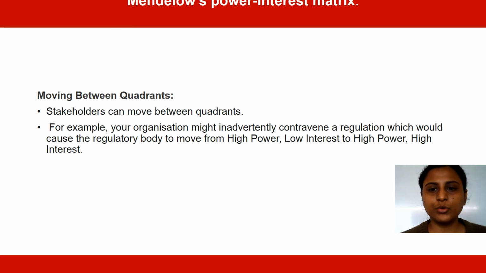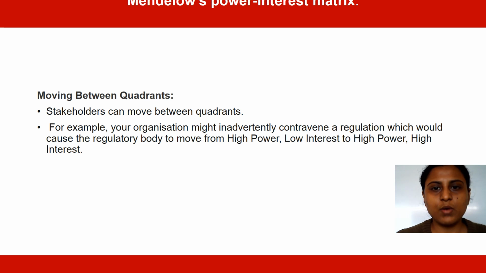Now one thing to note here is that the stakeholders can move between the quadrants. There can be some changes in the outside environment which will lead to movement of stakeholders from one quadrant of the grid to another quadrant. For example, your organization might have intervened in a regulation which would cause a regulatory body or government to move from the high power low interest to the high power high interest quadrant.